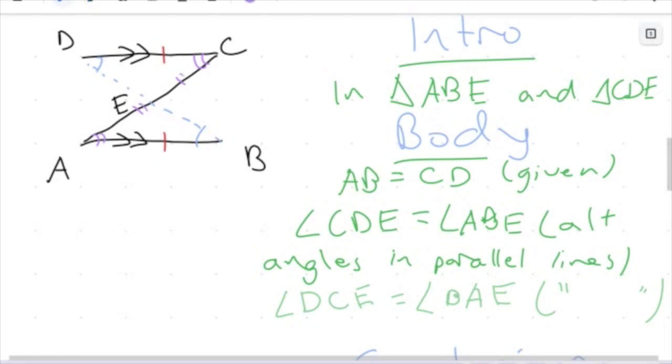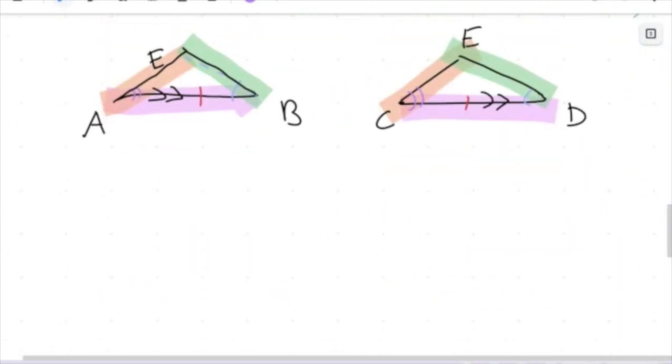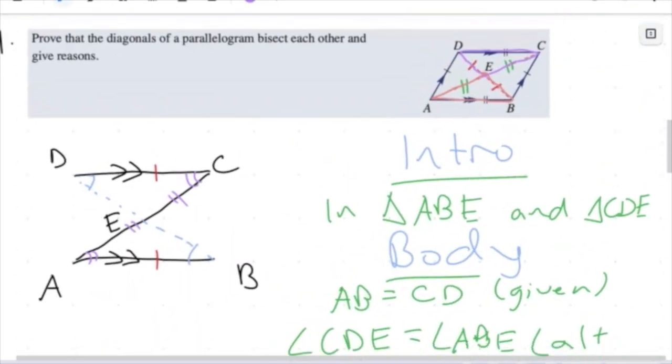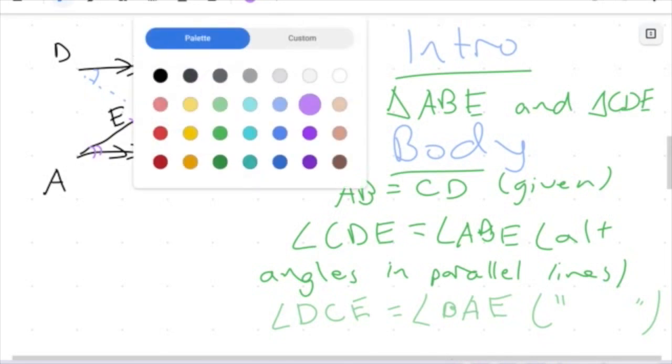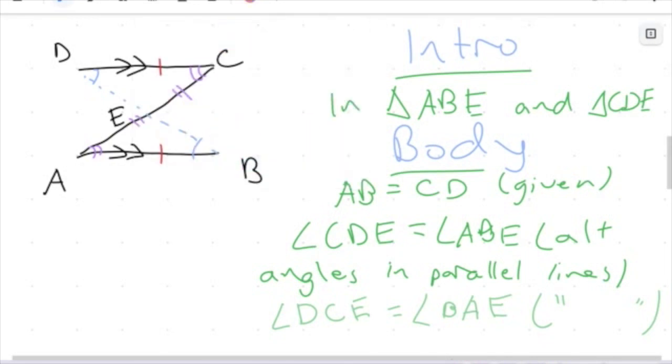Let me actually do these as doubles. So another thing I'm going to do is mark on my diagram that EB is equal to ED. So EB, 1, 2, 3, EB is equal to ED.